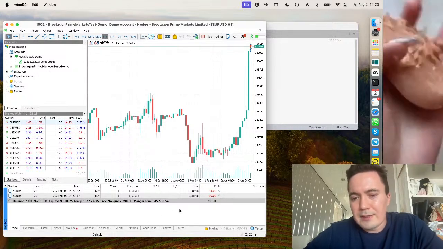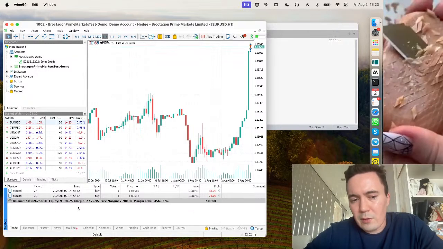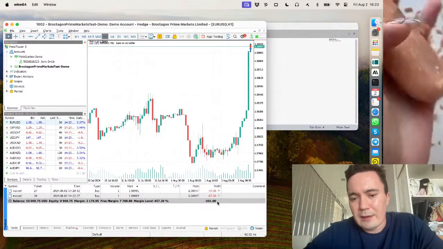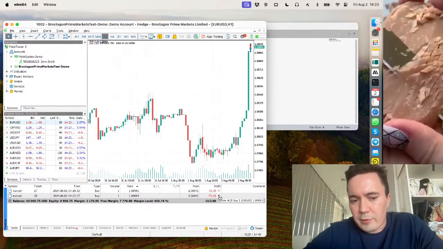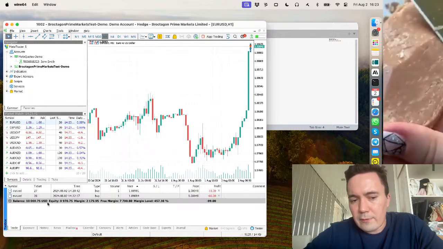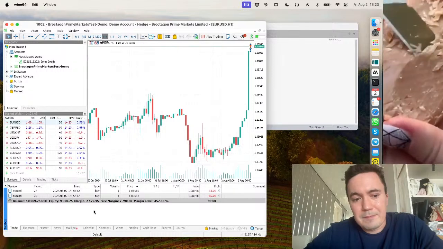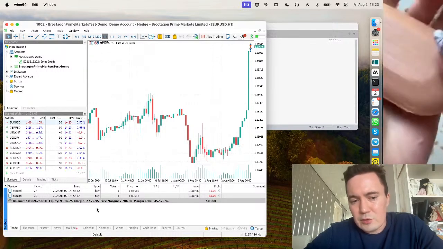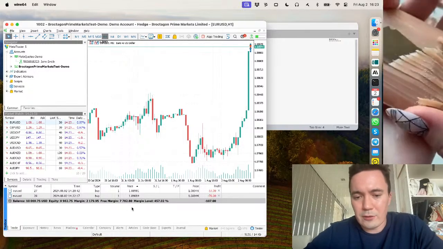They will stop out your account before you lose all your money. So they will close your trades at a loss to prevent you from losing all of your money and becoming indebted to the broker, right? Because they don't believe you will pay your debt.